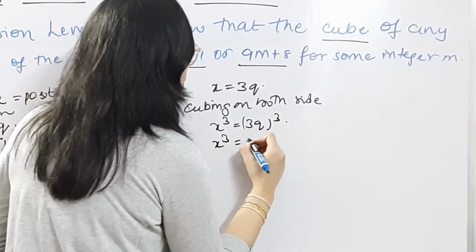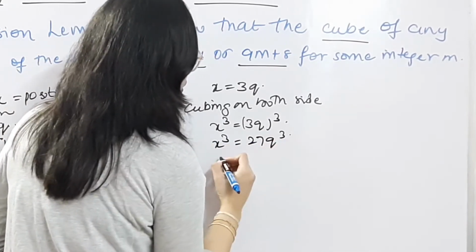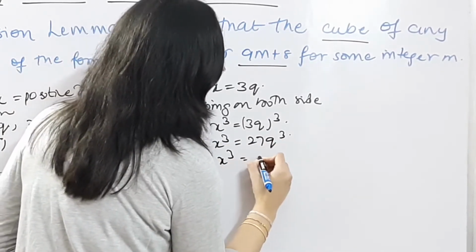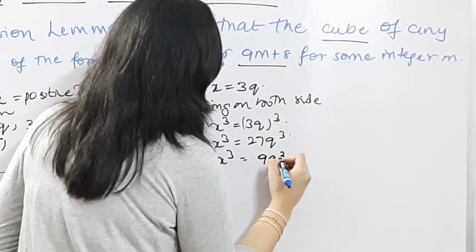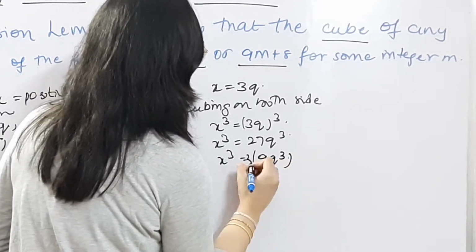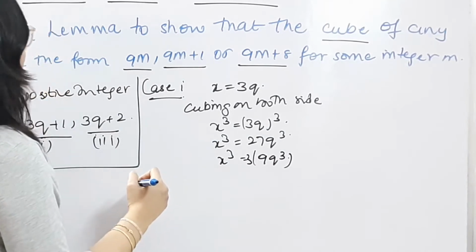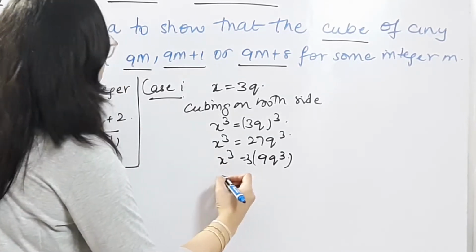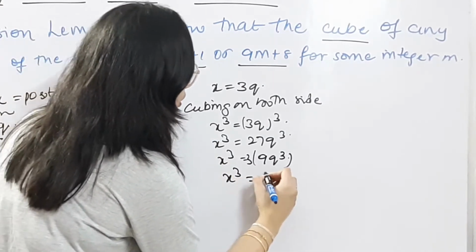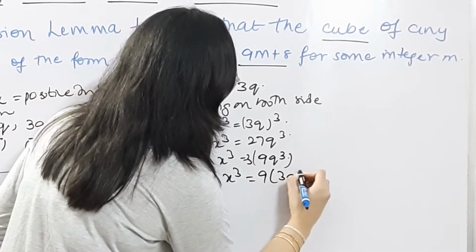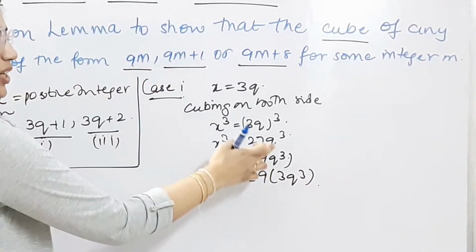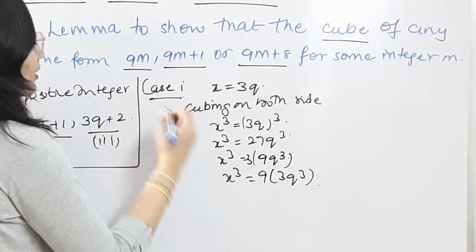So x cube is equal to 27q cube. So x cube is equal to 9 into 3q cube. Right? So can we not say that x cube is equal to 9 into 3q cube? Yes, this is also 27q cube.